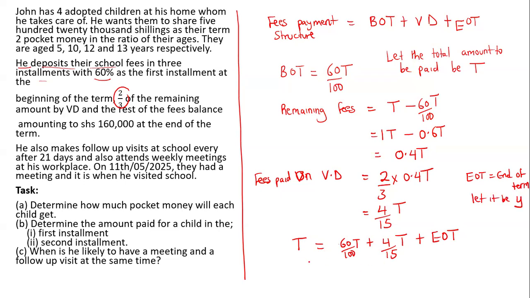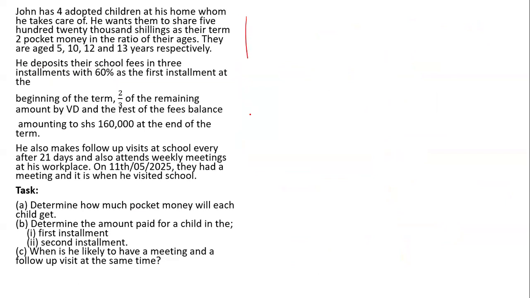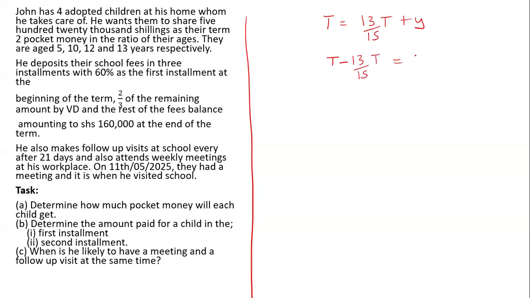So I'm going to come here and collect like terms. So T equals 60 out of 100 T plus 4 out of 15 T. That is 60 out of 100 plus 4 out of 15, which will give us 13 out of 15 T, plus we have said end of term is what we are representing by Y. Since I'm interested in finding Y, I have T equal to 13 out of 15 capital T plus Y. So my Y will be T minus 13 out of 15 T, which is the amount of money he pays at the end of the term.